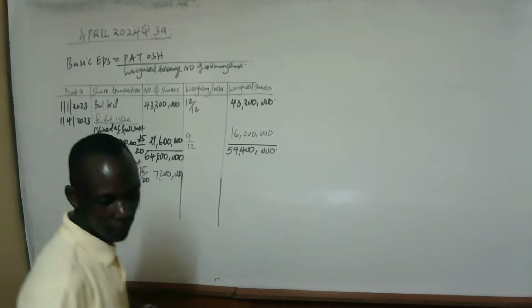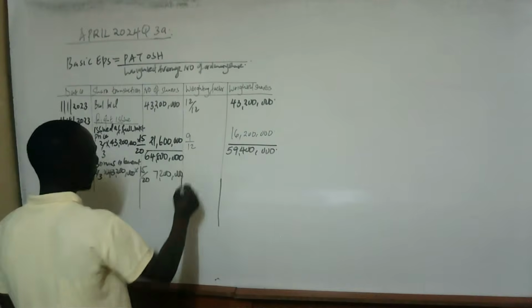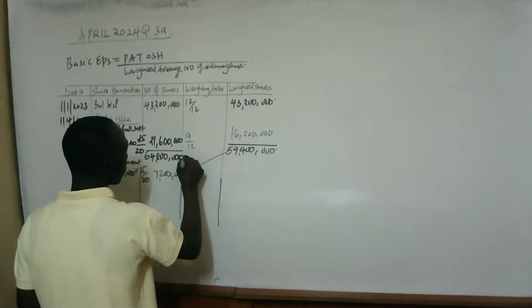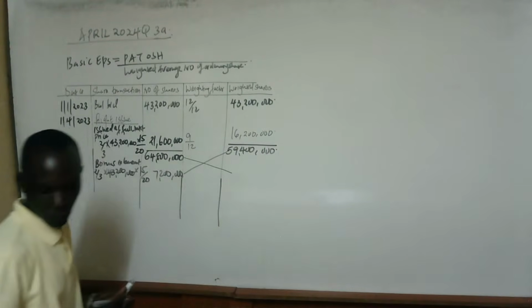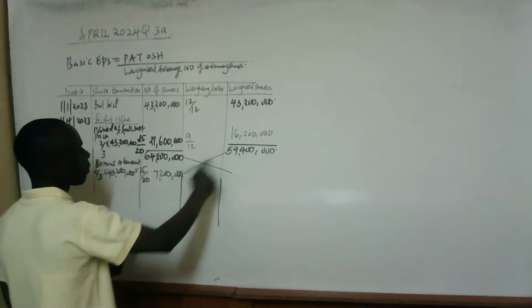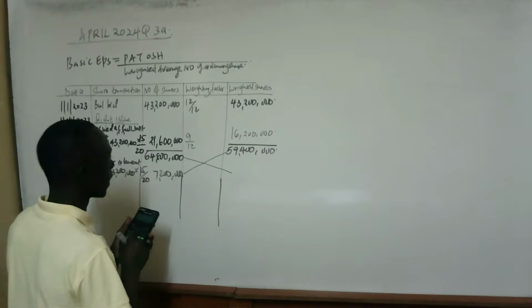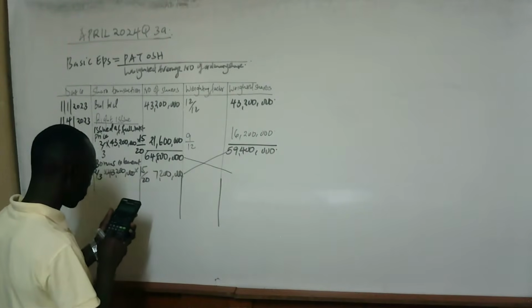So if the bonus is never weighted, how are we going to get the figure here? By simply cross multiplying. So let us cross multiply. It will be this one, we multiply by this one. So the answer times 59,400,000.